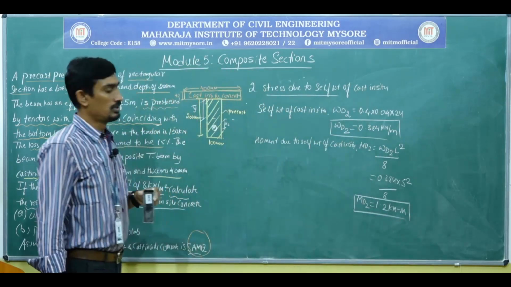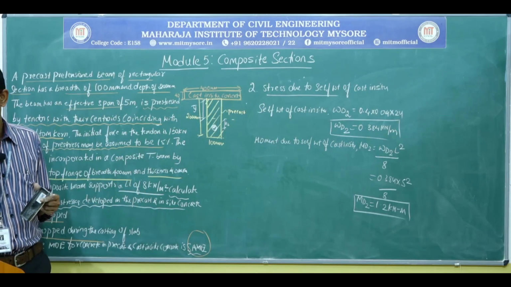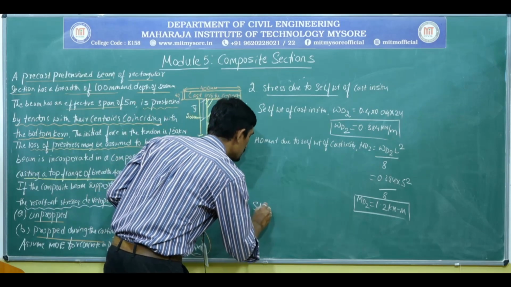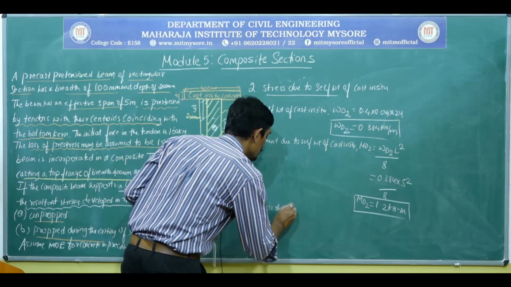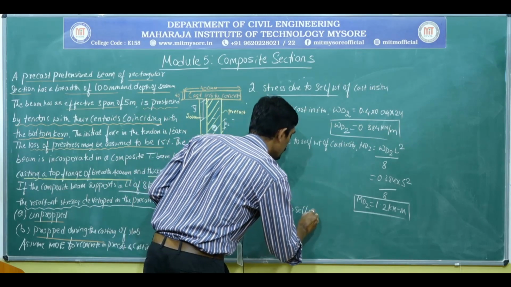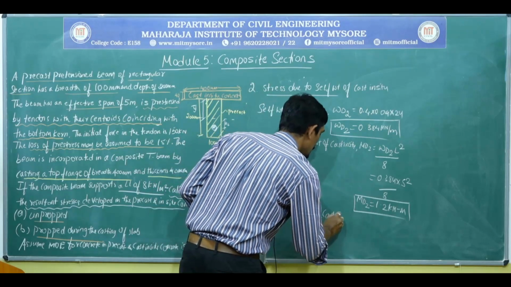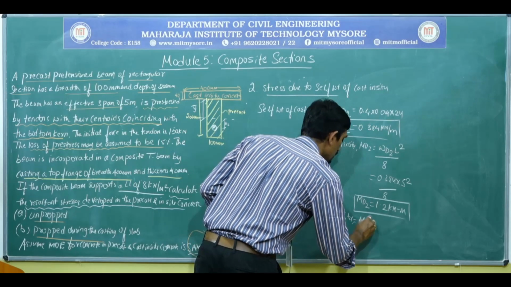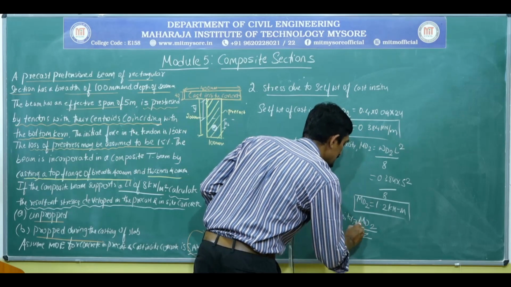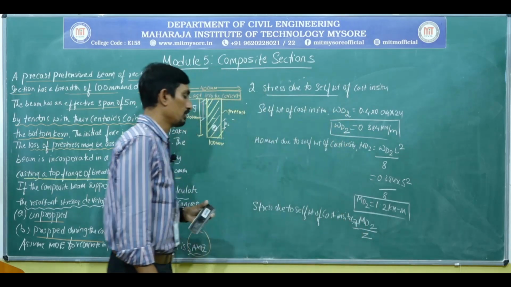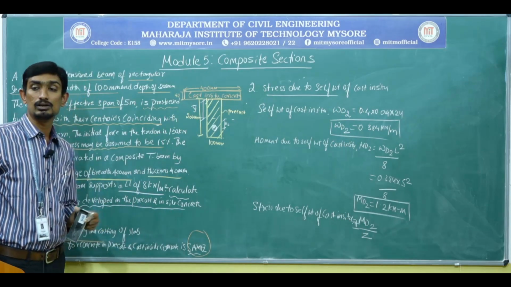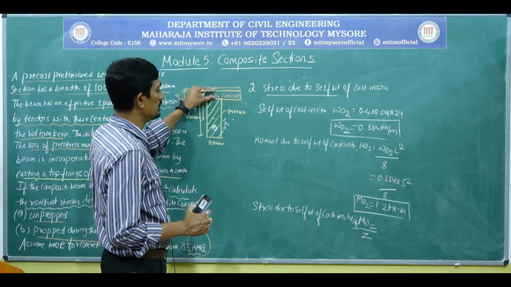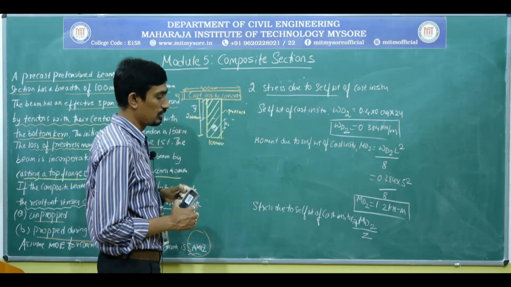Next, stress due to self-weight of cast in situ, which is equal to MD2 divided by Z, plus or minus, that is top and bottom. Now the very important thing, Z. Sir, should I consider the sectional modulus of this or of this?